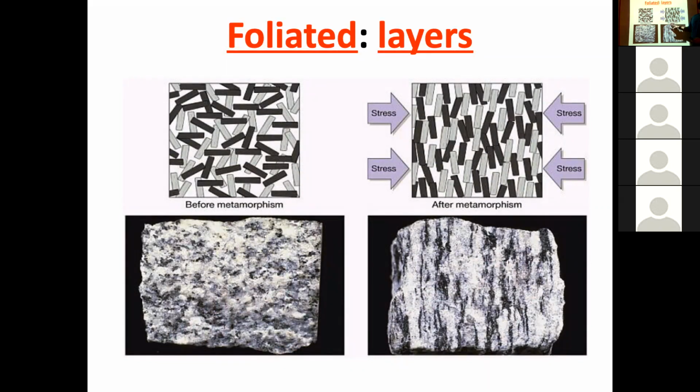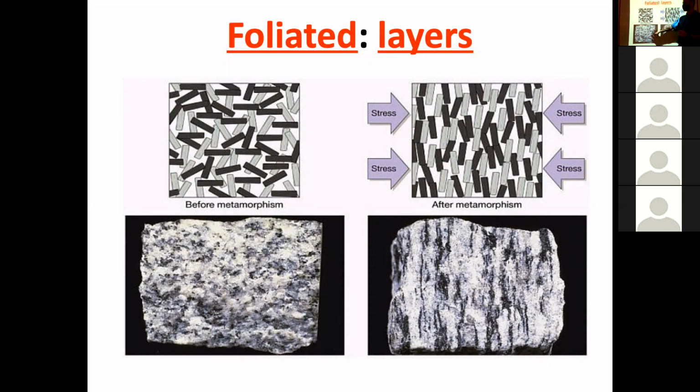The way this happens, or what causes this, is when igneous rocks form, these crystals are growing in all different directions. They're growing just all over the place. But when that rock is compressed and put under pressure, all those crystals that are all over the place are kind of pushed together so they're all in line.